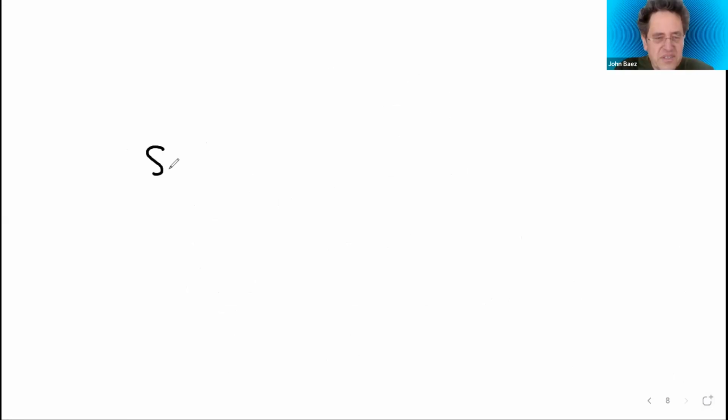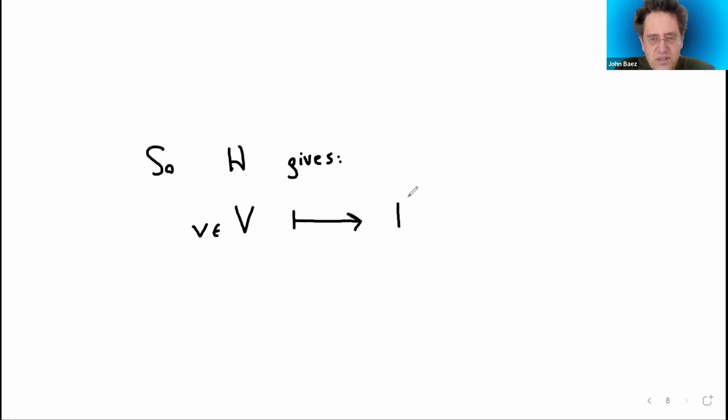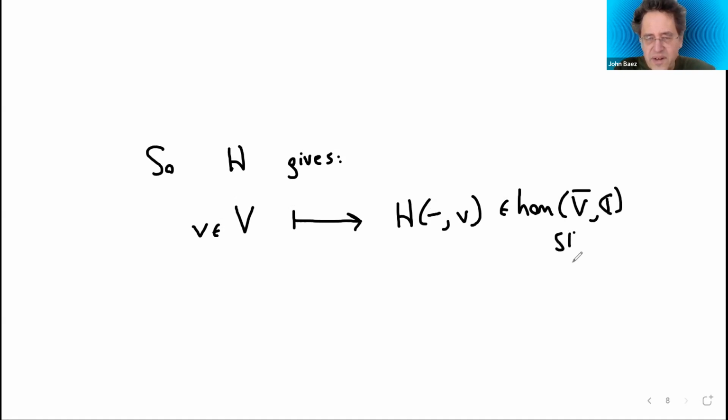Okay, so let's just recap. Our H here gives us this map from a vector in our vector space to this map here, which to be honest is a conjugate linear map, but which can be identified with something in the dual.